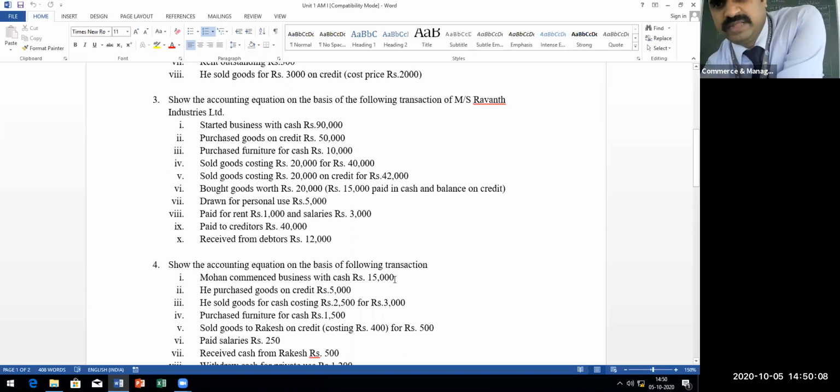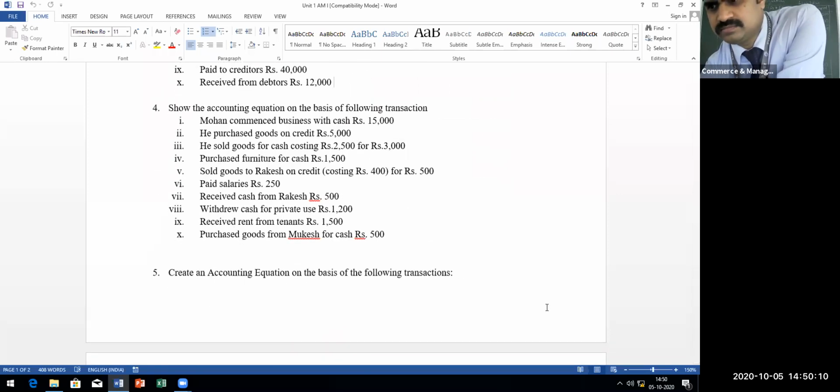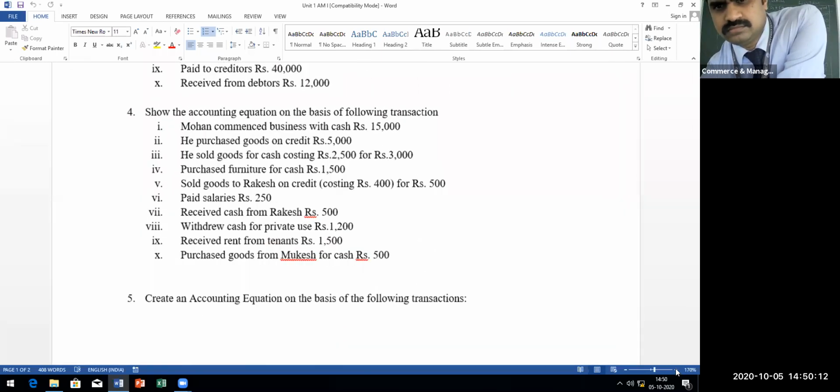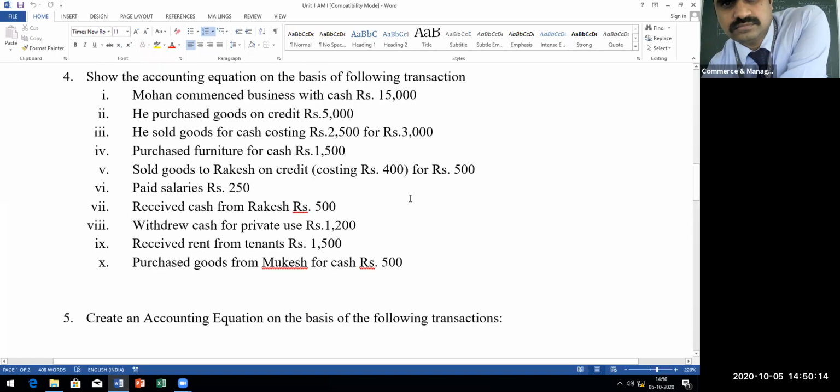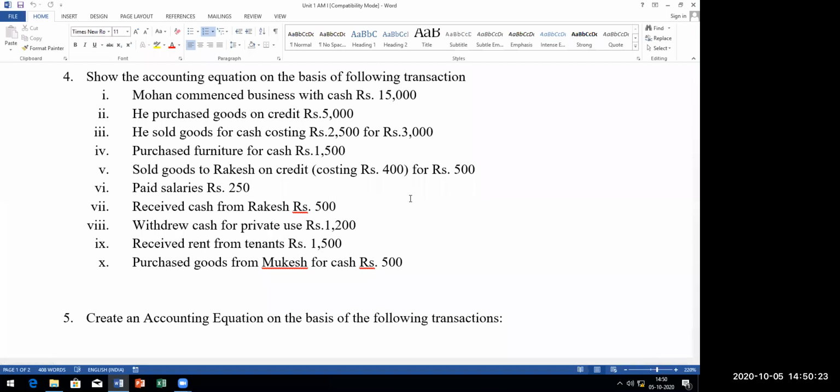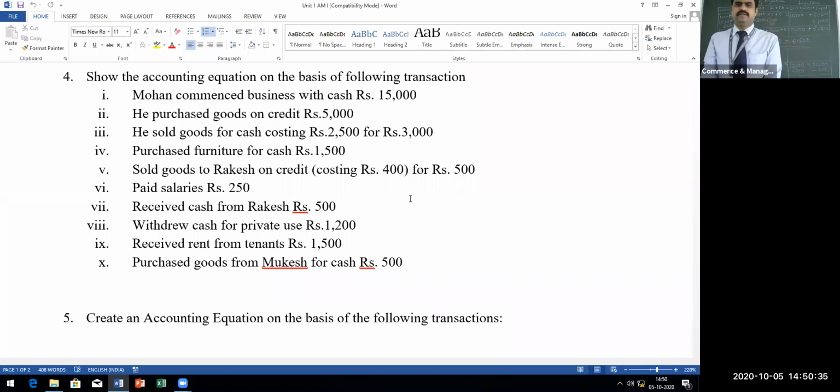I request someone to please read question number 4 for us. Show the accounting equation on the basis of the following transactions. Mohan commenced business with cash rupees 15,000.